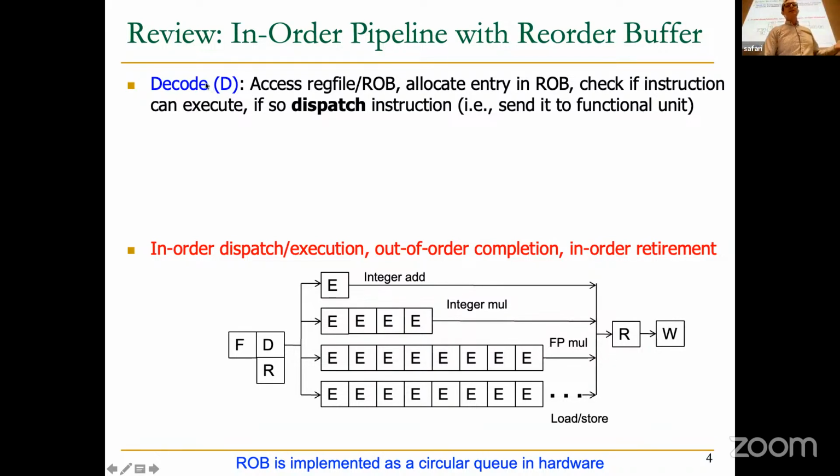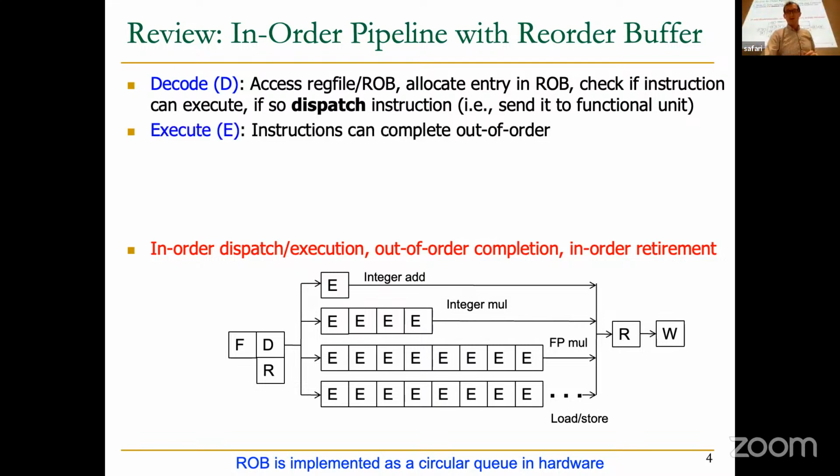In a pipeline like this, in the decode stage, the instruction accesses the register file and the reorder buffer, allocates an entry in the reorder buffer, and you check if the instruction can execute, meaning if the source registers are ready. If that's the case, you dispatch the instruction into the functional unit. If one of the source registers is not ready for whatever reason, you cannot dispatch the instruction. That's a non-ready instruction, and that basically stops the pipeline.